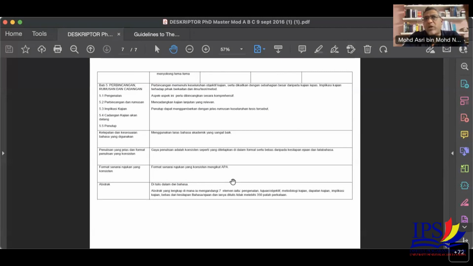Because you start with demography, you have to discuss demography if there is a need. And after that, because you start with research objective 1, discuss that in your chapter 5.